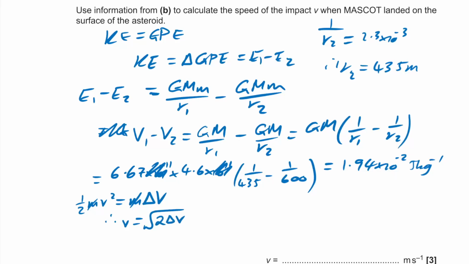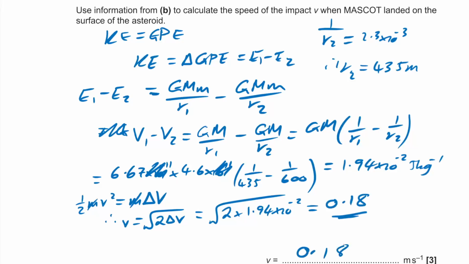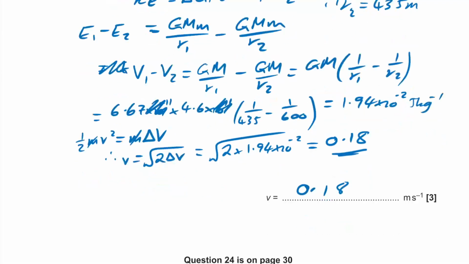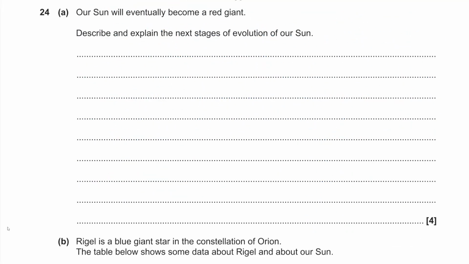So there's going to be the square root of 2 times our 1.94 times 10 to the minus 2. And we end up with a speed of 0.18 meters per second. So there are a couple of ways that you could have done that question, but it all comes down to kinetic energy equals the change in GPE, not the total GPE if it's falling to the surface.